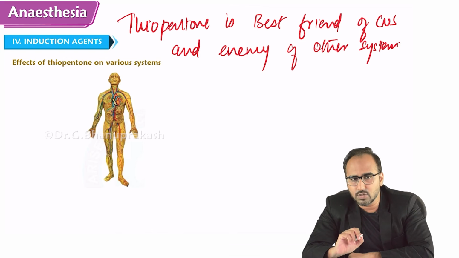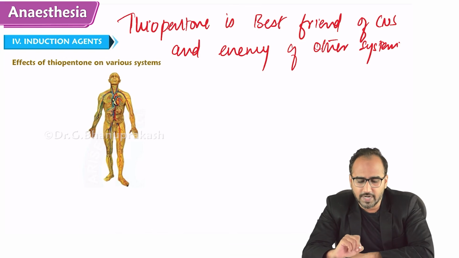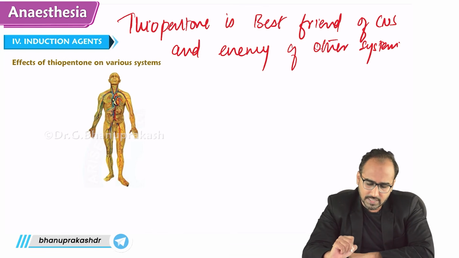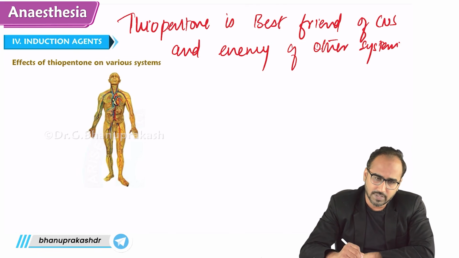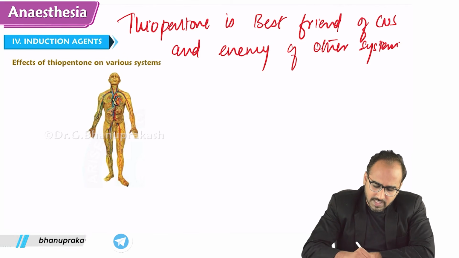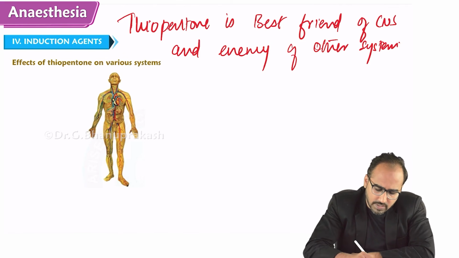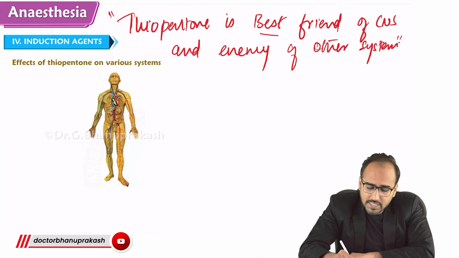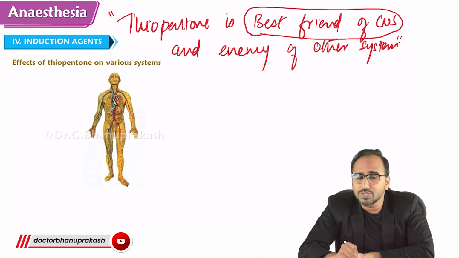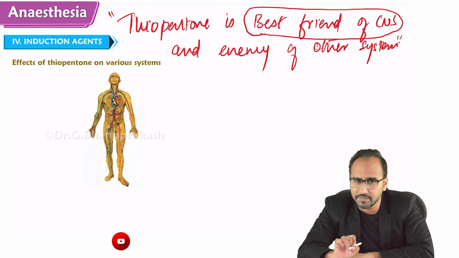When I say sodium thiopentone is the best friend of CNS, what does it mean, guys? With this one line, you can solve most of the MCQs of sodium thiopentone. As it is the best friend of CNS, it will be the IV induction agent of choice for all CNS problems.